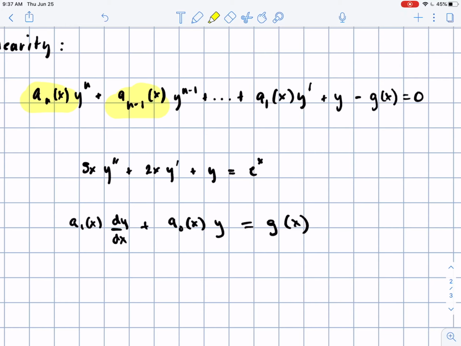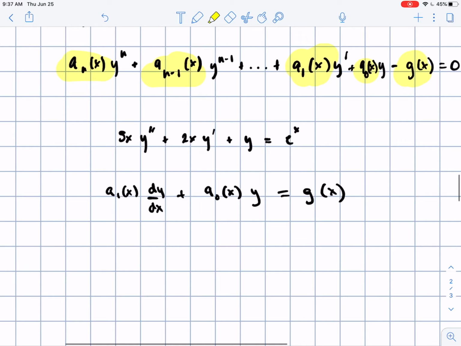Everything else is a function of x. So it looks like that. Oh yeah, don't forget there could be a function of x in front of y as well. So a sub 0 of x times y, like that. So again, all functions of x. That little mistake will help you.